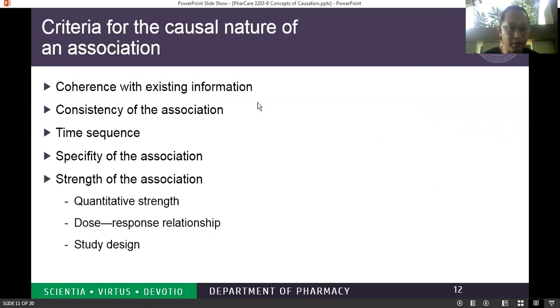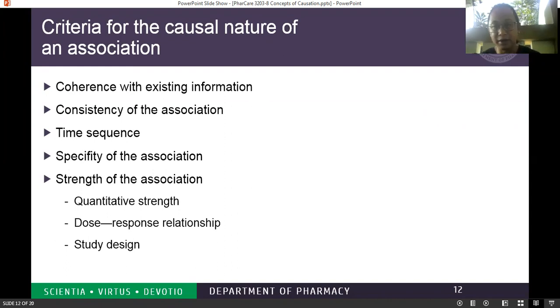And I don't know if it is here. So yeah, here. And there are some criteria. There are 5 criteria here, and it is actually drawn from the Bradford Hill criteria.